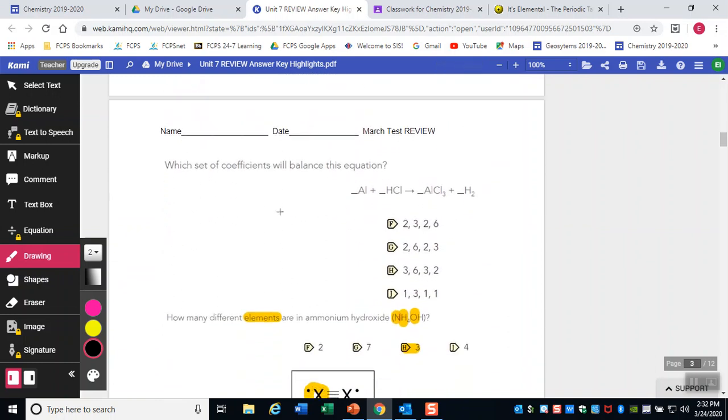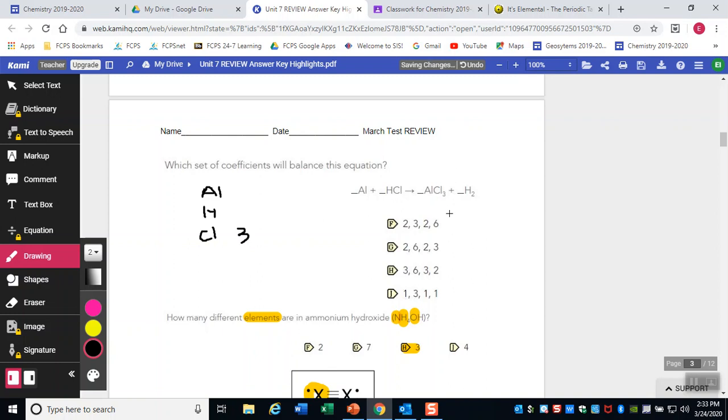And here now we're looking at the coefficients to balance it. So those would be the numbers in front to balance the equation. So what I'm going to do is list out my elements. I have aluminum, hydrogen, and chlorine on the left, and then I have those same things on the right. And I want to have the same number on both sides. So over here I've got 3 chlorines.